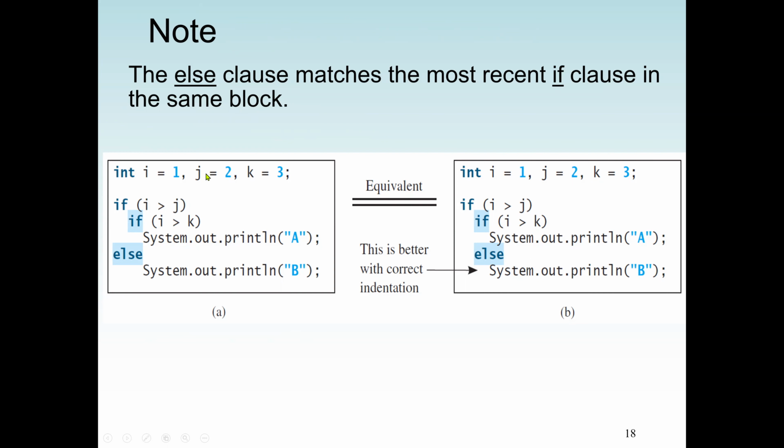No. So it will not print. And here also the same values, but we check if i is greater than j, if i is greater than k. Is i greater than j? No. But again, we say this is better with correct indentation, just for readability, to be able to read. But both of them are the same.